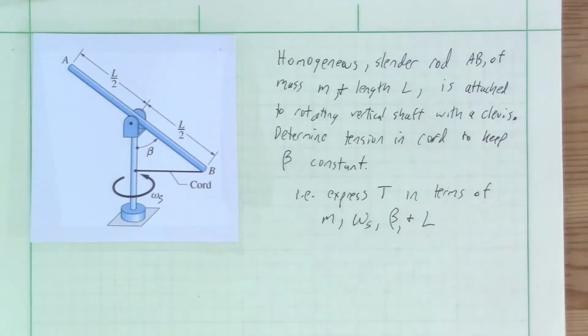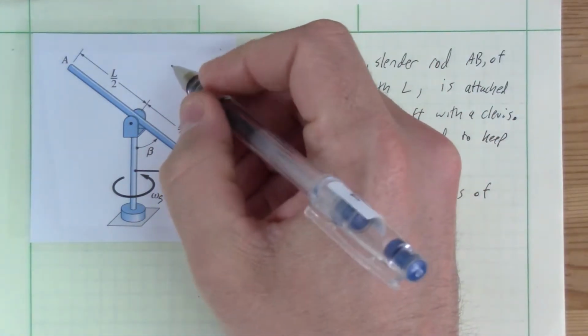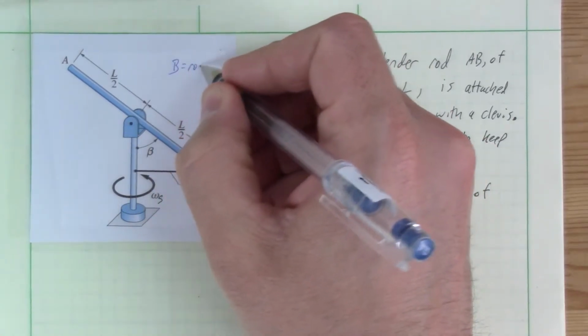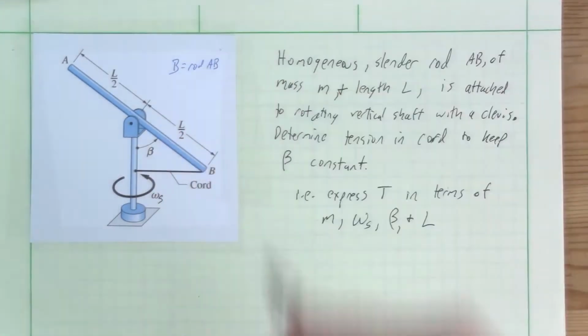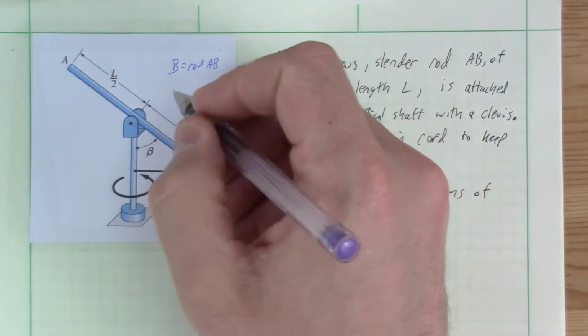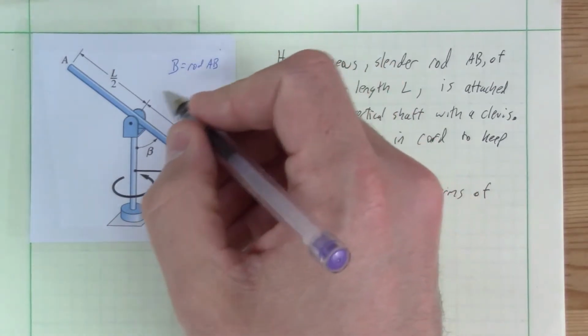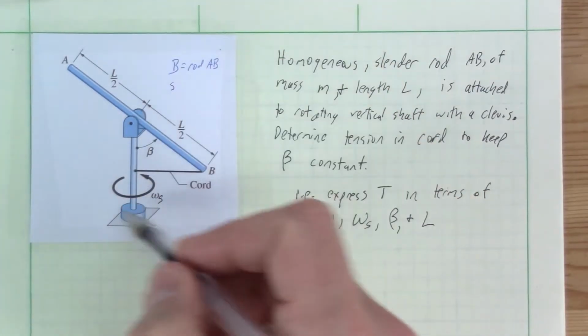Okay, so let's start by labeling what our body is, so that all of our relationships are consistent. The first step is to distinguish what is the body. Okay, so the body is the rod AB, and this is so nice. AB is on the body, which we give that script B. Our secondary reference frame is the thing that's rotating here, right?